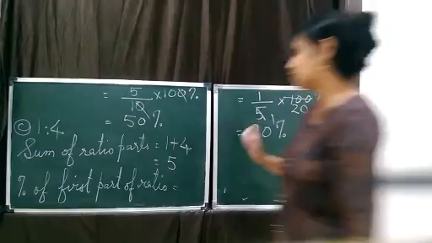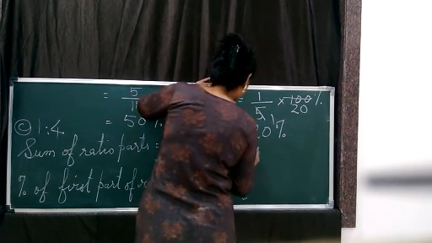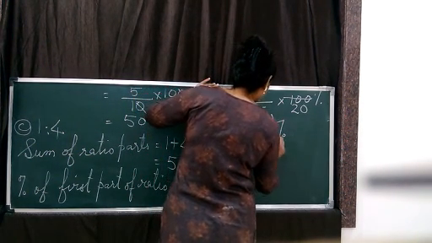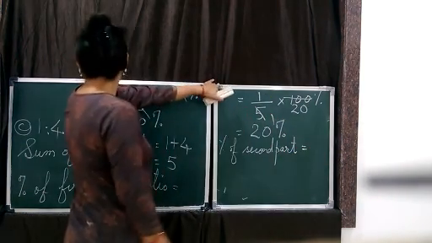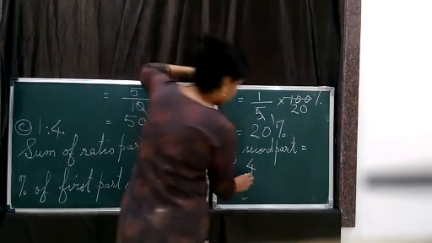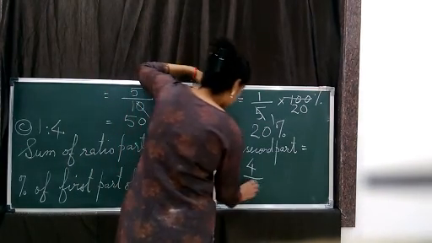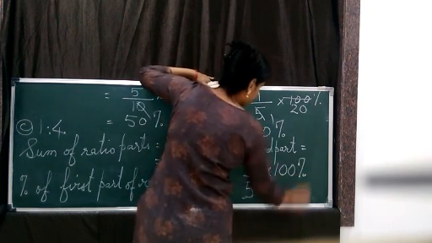Then we have to find the second part. Percent of the second part means the second number of the second ratio upon the total of the ratios, or you can say the sum of the ratios, into 100%.